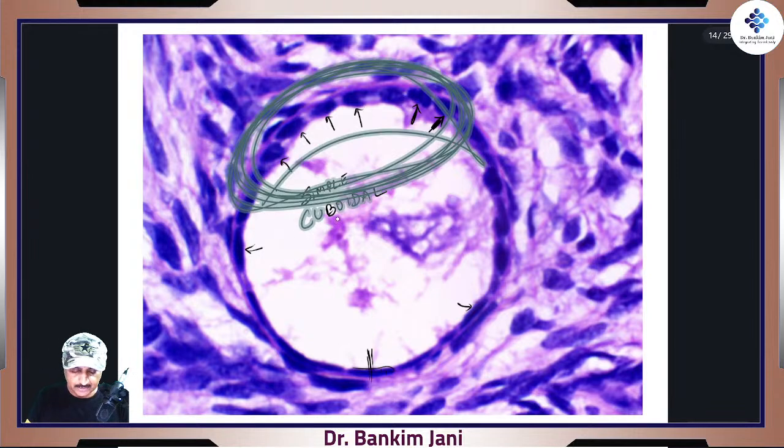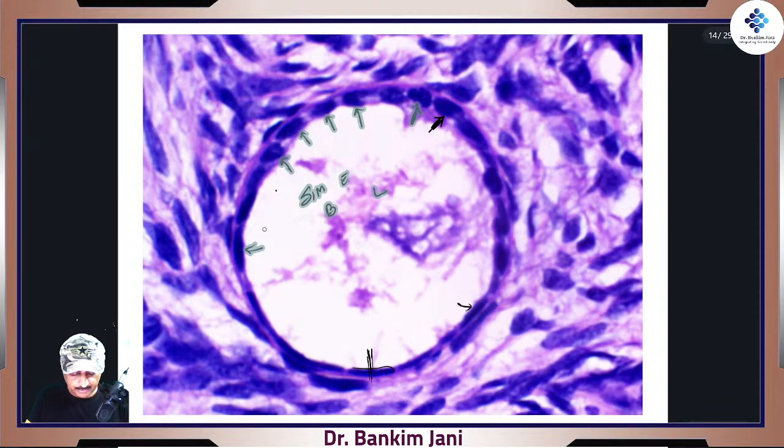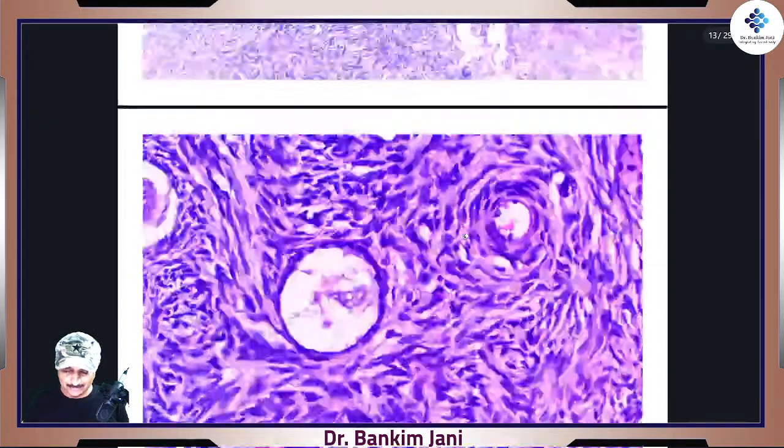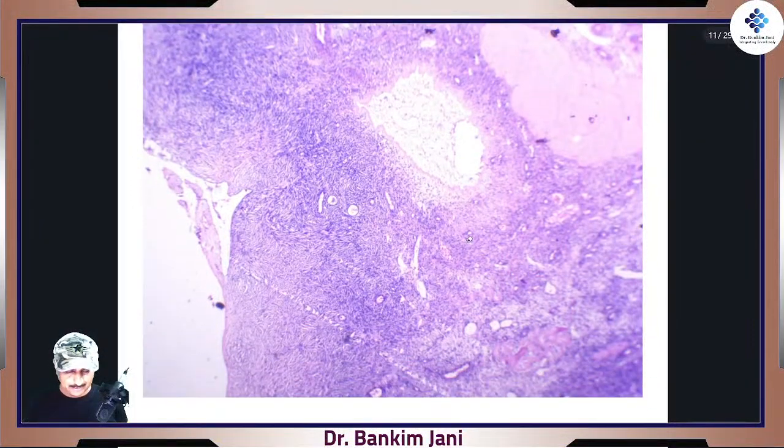Let me remove this. Okay, right. Now we go back, and you will find that yes, where are those follicles? If I straight away take you over here, this is the surface of the ovary, right?